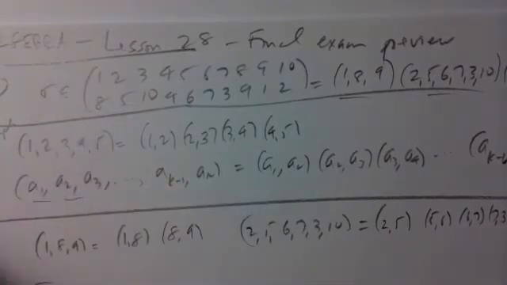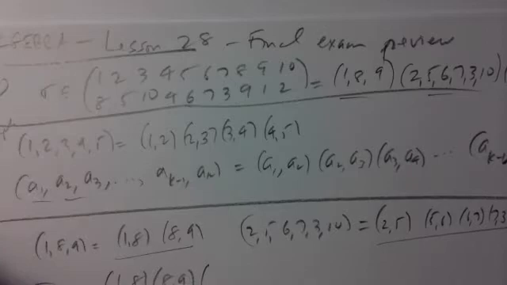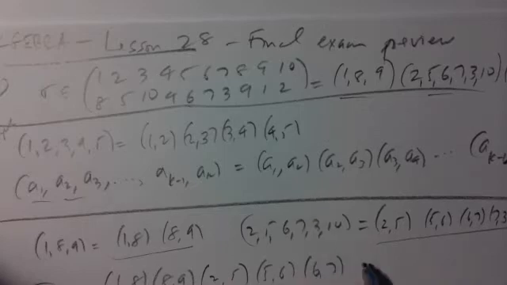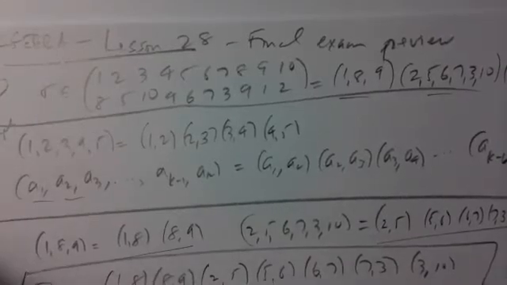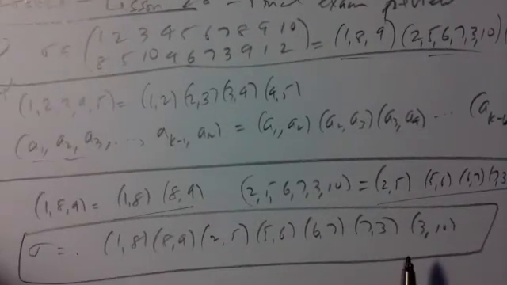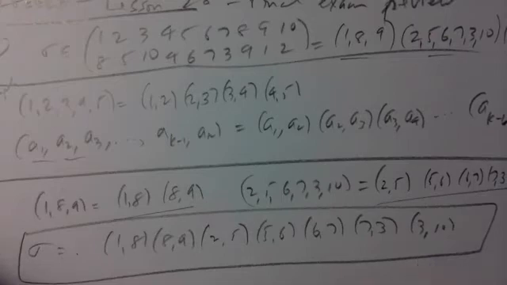So therefore, sigma is the product of this times this. So this is one way to write sigma as a product of transpositions, but there are many other ways to do it. This is not in any sense unique.